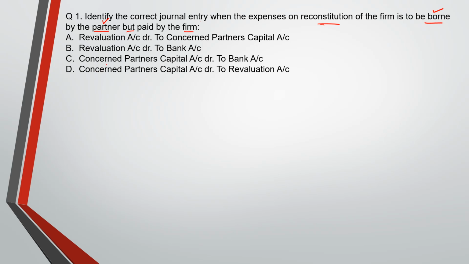Therefore we debit the concerned partner's capital account and credit the bank account. Whoever is responsible for bearing the expense, his capital account would be debited and the bank account credited. So this is the correct entry. I hope it is clear.